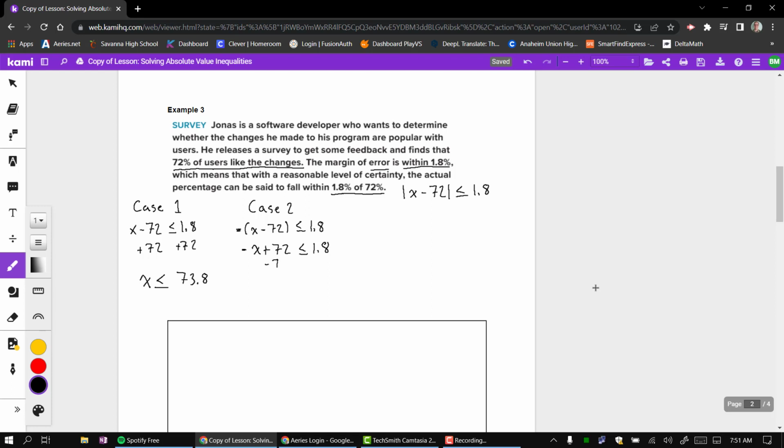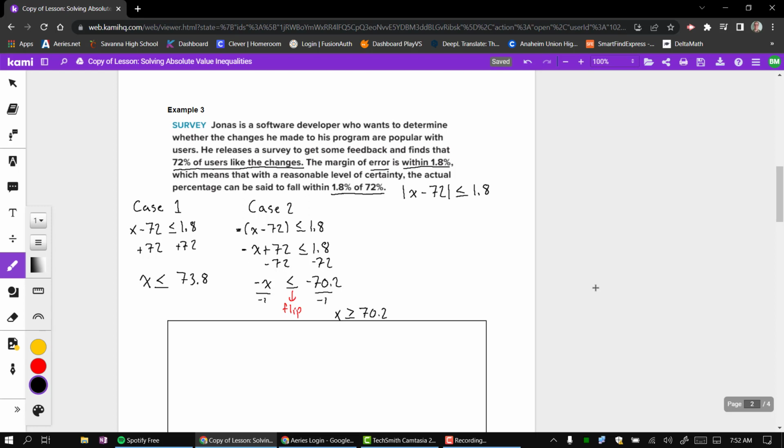Subtract 72 from both sides. That gives me negative x is less than or equal to negative 70.2. Divide by negative 1. I'm dividing by a negative 1, which means I need to flip this sign. That results in an x is going to be greater than or equal to 70.2.